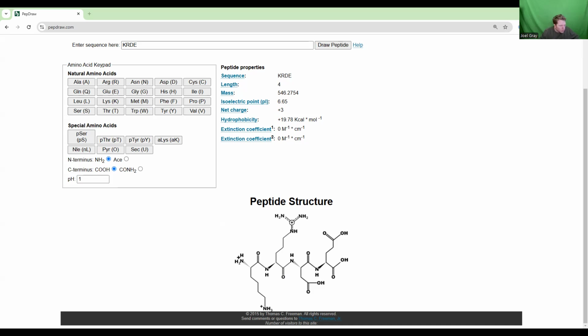What I want you guys to be able to do is go between a structure like this right here and 3-letter code, or, I can draw an arrow there, 1-letter code.